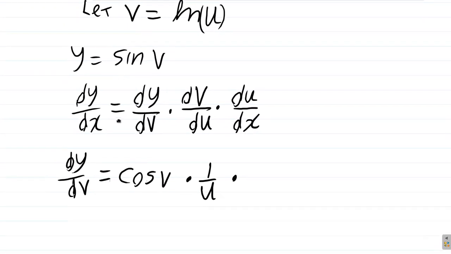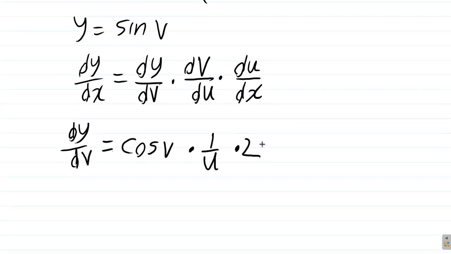So it's 2x. You see that? Now the thing is, what did we say u was and v was? Because you need to change them back. Alright? Oh, my mistake. It should be dy by dx, not dy by dv.